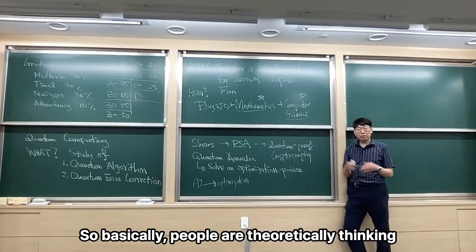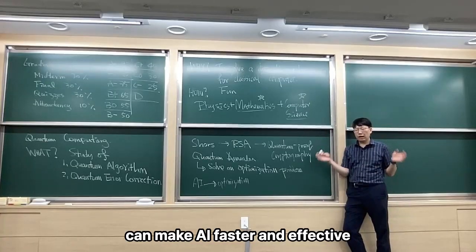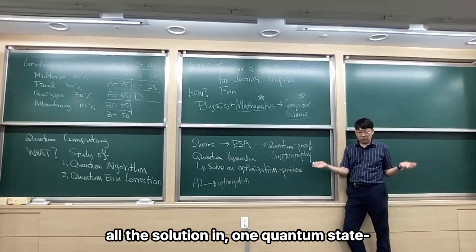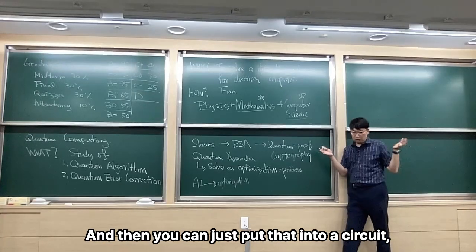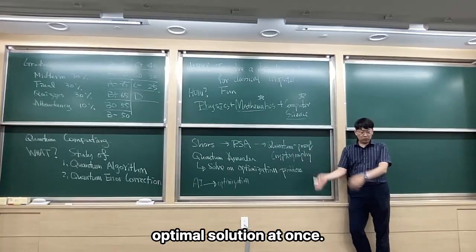So basically, people are theoretically thinking that quantum computers can make AI faster and more effective because they can lay out all the solutions in one quantum state, and then you can just put that into a big circuit and find the optimal solution at once.